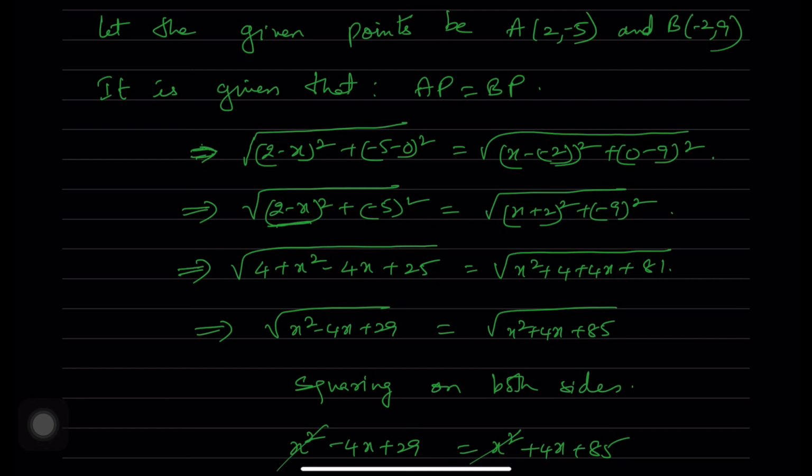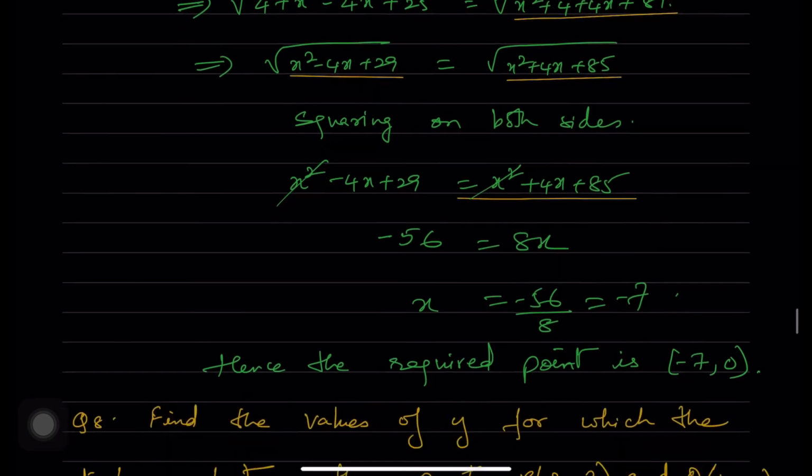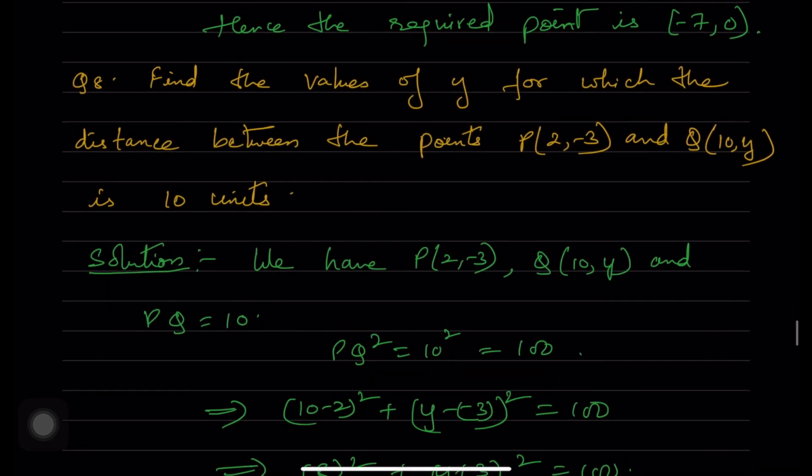Then squaring on both sides, you are getting x square minus 4x plus 29 is equal to x square plus 4x plus 85. Therefore, you are taking all the constant terms to one side, all the x terms, the like terms, to one side after cancelling out x square. So minus 56 is equal to 8x, x is equal to -7. So hence the required point is (-7, 0).